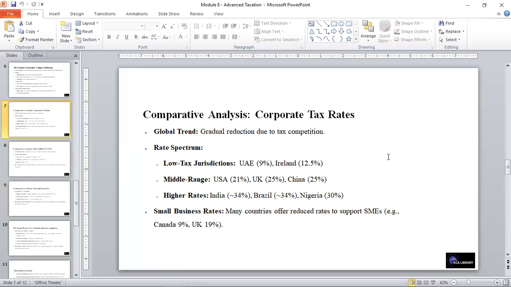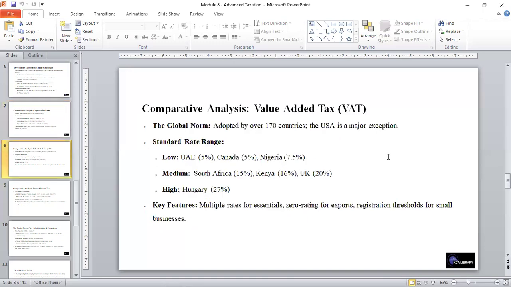On small business rates, many countries offer reduced rates to support small and medium scale enterprises. For example, Canada 9% and UK 19%. And looking at value added tax, the global norm is adoption by over 170 countries, and the US is a major exception.